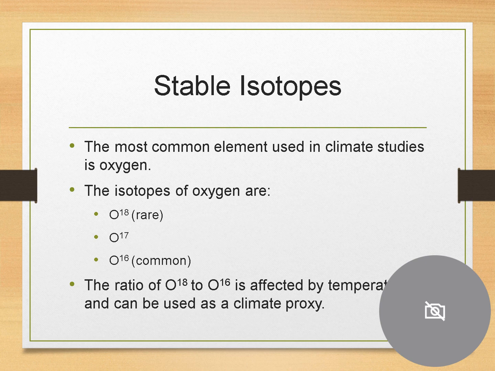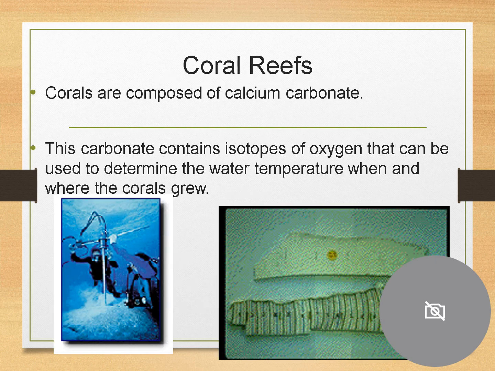Then stable isotopes. They are commonly used in paleoclimate studies, whereby the ratio of heavy and light isotopes is measured, and that ratio is affected by temperature and can be used as a proxy of past climate. Coral reefs also: corals are composed of calcium carbonate.